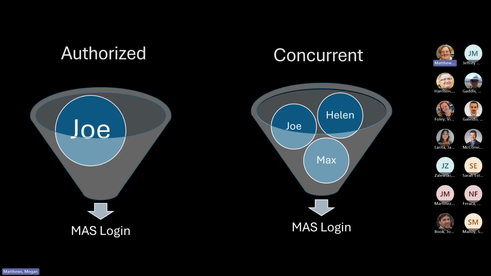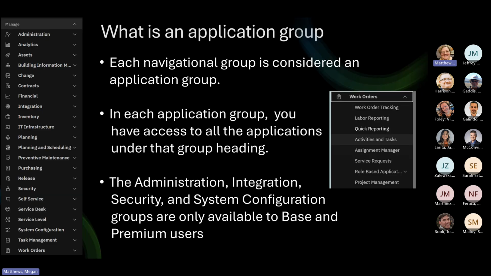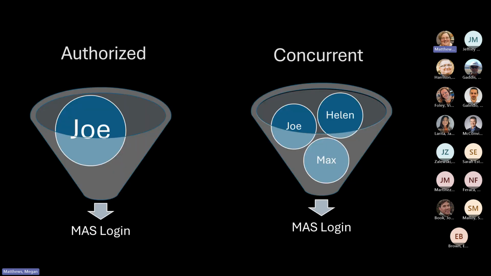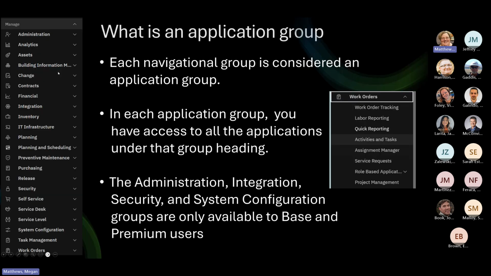Okay, so let's take a look at the next piece that we're going to talk about, and that's an application group. I know we talk about this a lot, an application group or a functional group. In IBM, it's considered an application group. And you'll notice when you log into Maximo and you pop up that menu on the left side, there are a bunch of subcategories.